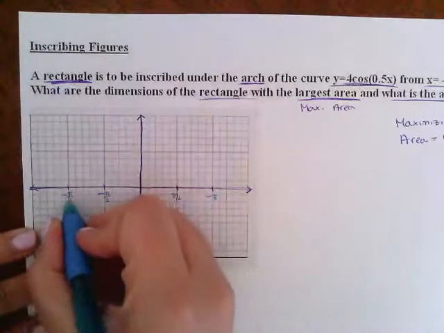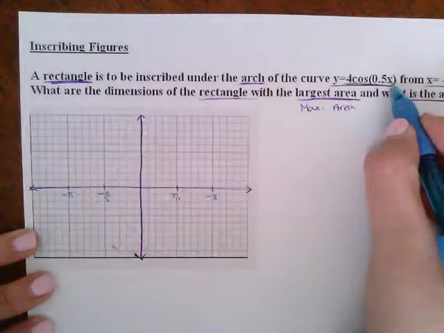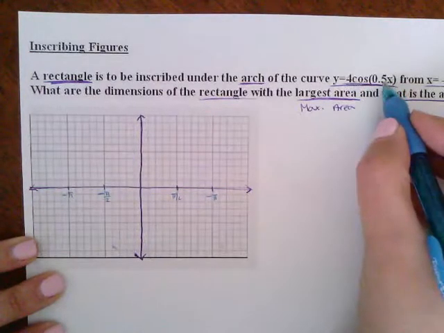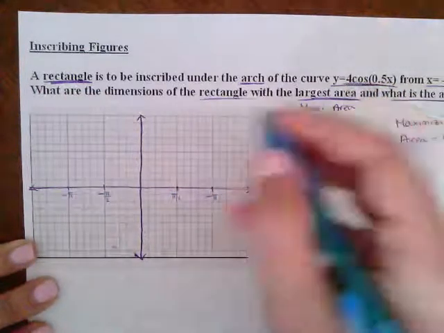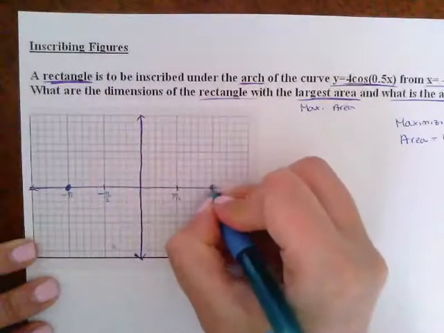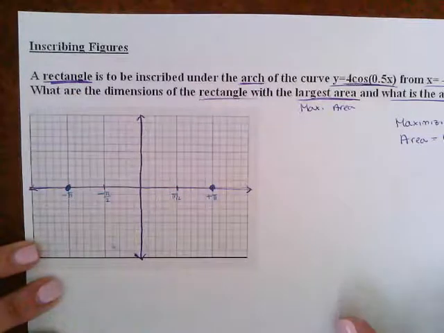So at negative pi, if you plugged in 0.5 times negative pi, which is negative pi over 2, cosine of pi over 2 is going to be 0. 0 times 4 is 0. And the same thing is going to happen at positive pi. It's going to be 0. Okay?